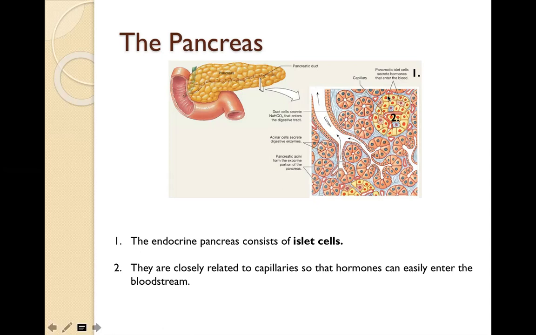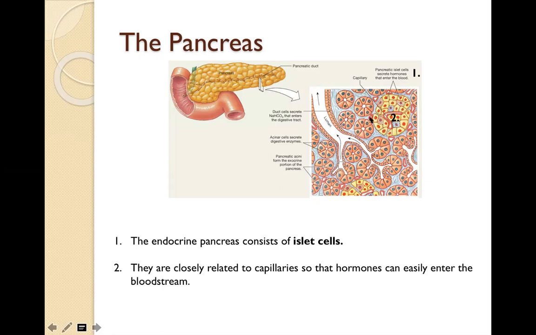And so I want you to notice that each one of these collections of endocrine cells, these are called the islet cells. All of these cells collectively are called islet cells. They all surround this little blood vessel. So this would be a capillary. And so any of the hormones that are being released from these cells would enter the capillary and enter the bloodstream.